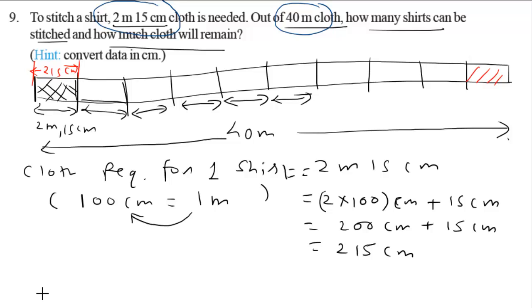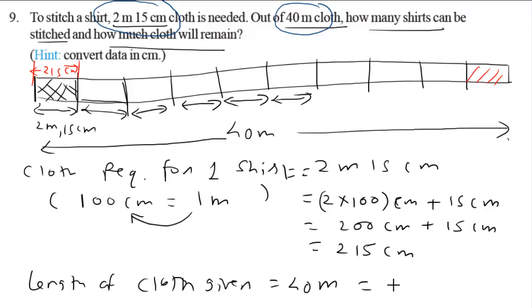So the length of cloth given is 40 meter, which is 40 into 100 centimeter, since 1 meter is equal to 100 centimeter. That will be equal to 4000 centimeter.